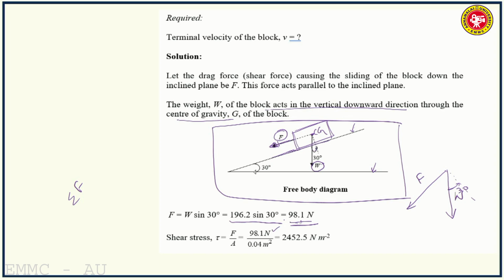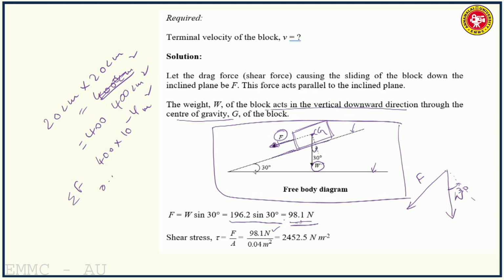So F is 98.1 Newton and the area is 20 centimeter by 20 centimeter. That is the bottom area of the block in contact with the inclined surface. So this is 400 centimeter square, which will be 400 into 10 power minus 4 meter square.